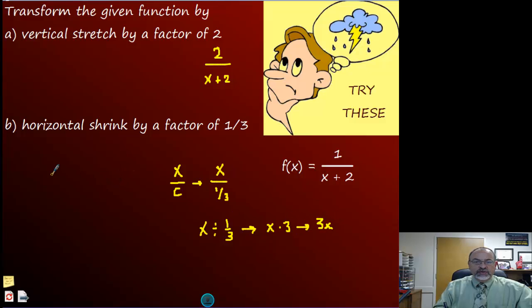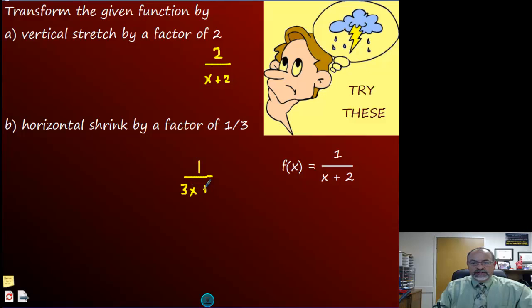So I'm going to replace every x term in the equation with 3x. So I'm going to take 1 over 3x plus 2, and that would be a horizontal shrink by a factor of 1/3. So those would be my two answers, and I check here and they're fine. Alright, so let's do another example.